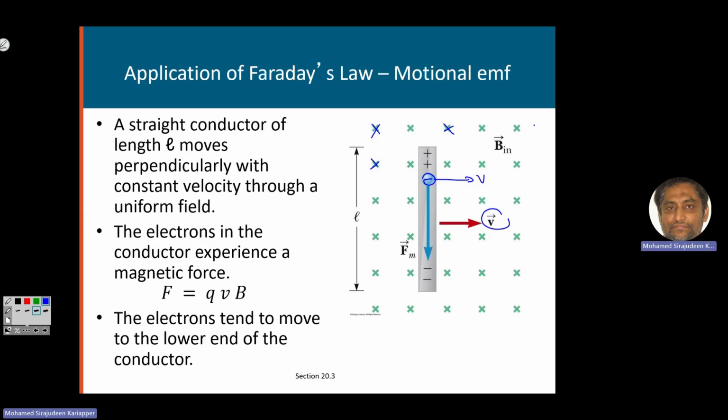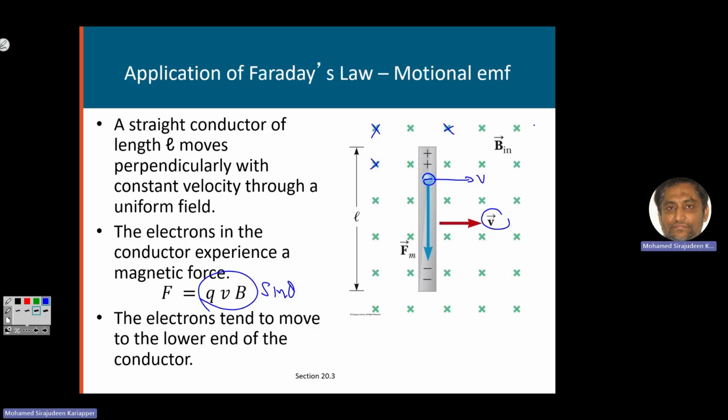And you learned in chapter 19, when a charge is moved in a magnetic field, it will experience a magnetic force. It is given by this equation. The sine is missing. Why? The angle between v and B is 90 degrees. Sine 90 is 1.